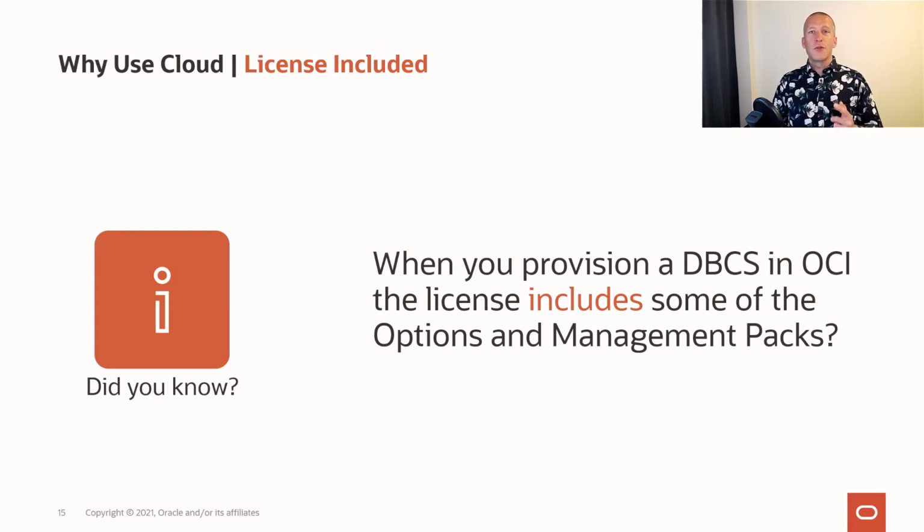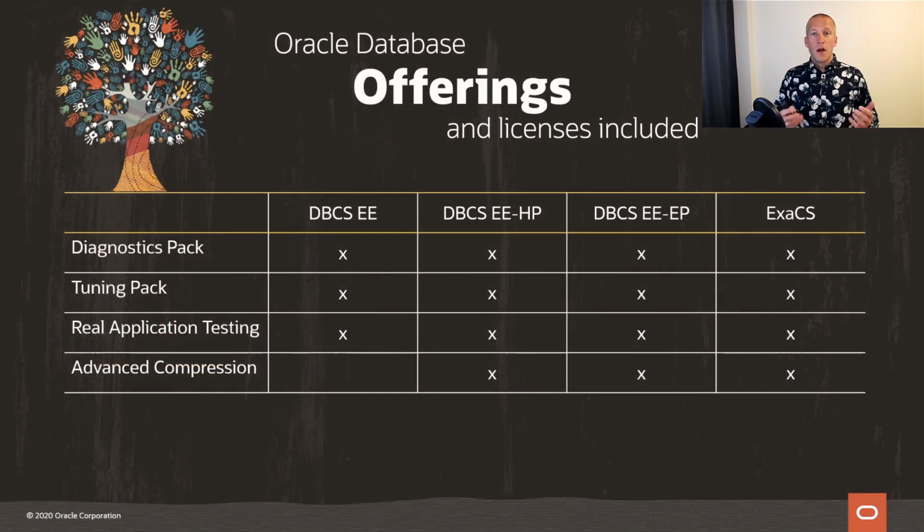But did you also know that in OCI, with some of the database cloud offerings, the license includes some of the options and packs that you have to pay for on your on-prem systems? Have a look at this matrix. As you can see, the diagnostics and tuning pack is included in the database cloud services from Enterprise Edition onwards.